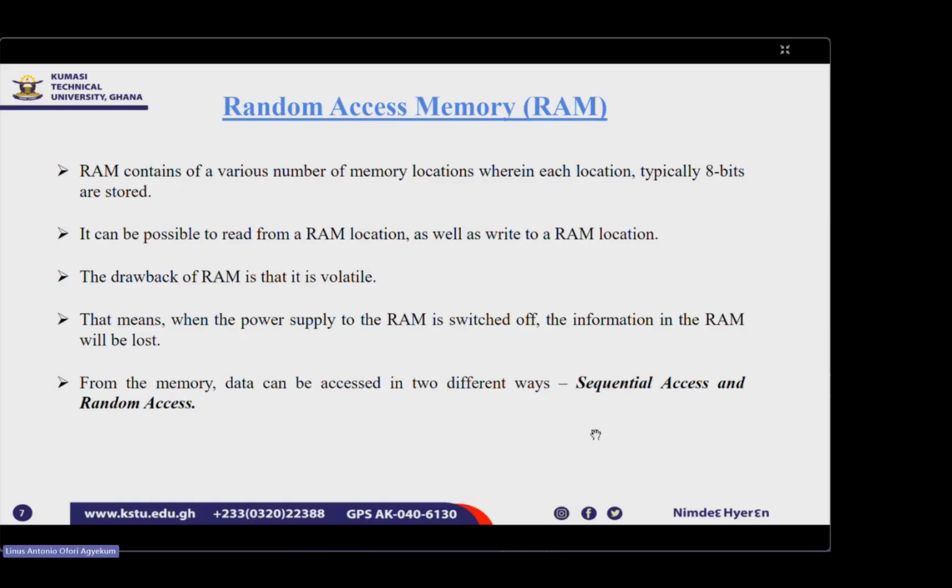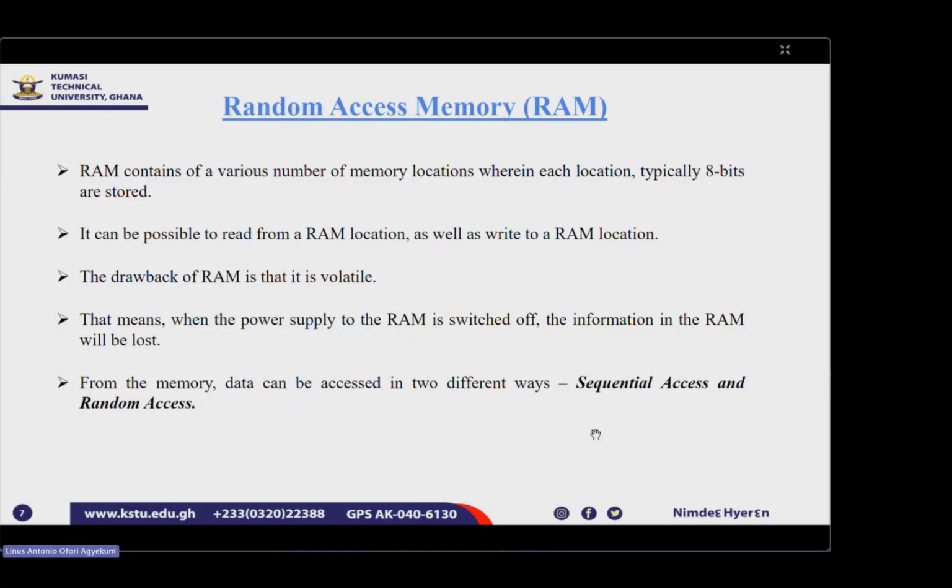And typically, 8 bits of data is stored in each and every one of these locations. And the RAM has the capability of allowing us to read from its location and also to write to its location.